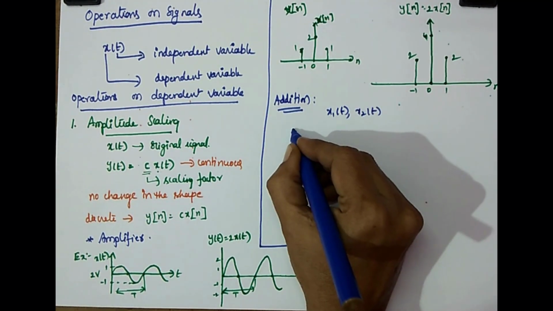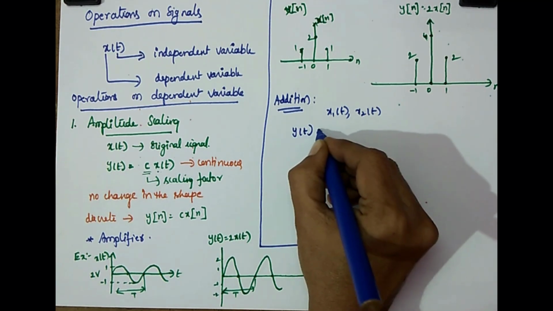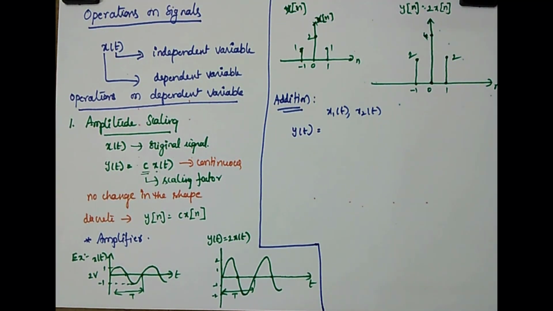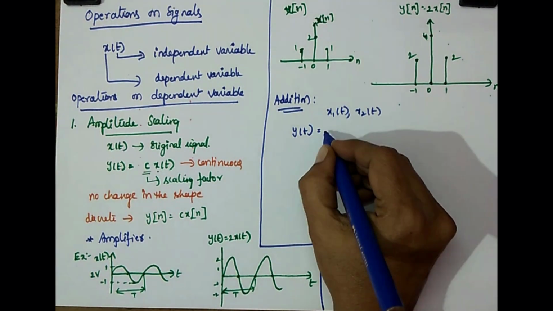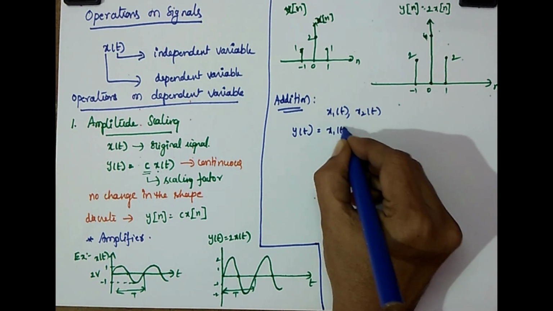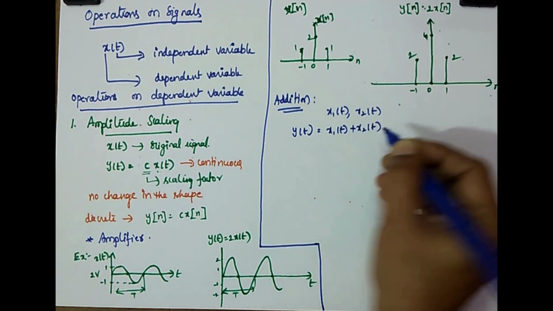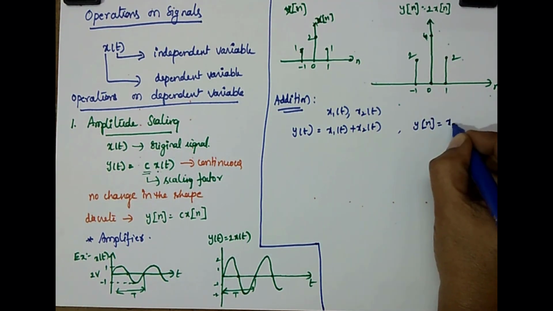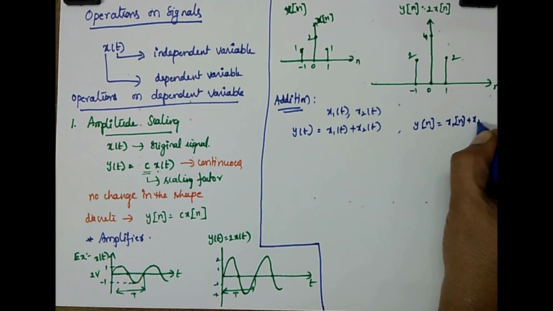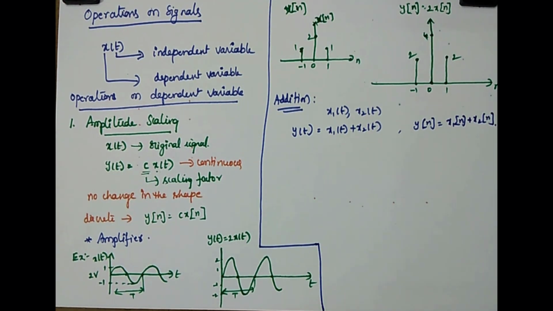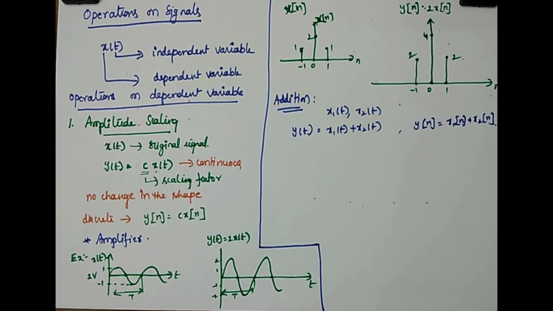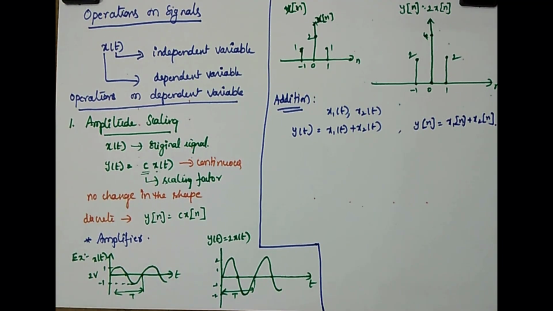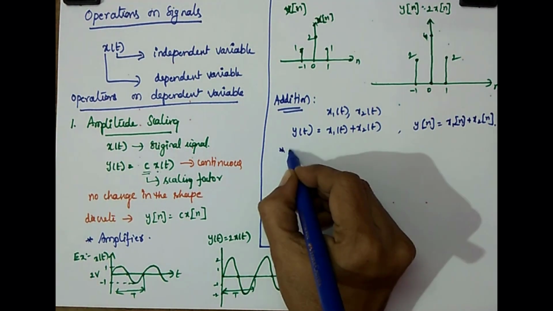Then the signal y of t obtained by the addition of x1 of t and x2 of t is given by y of t equal to x1 of t plus x2 of t in the continuous domain, or in the discrete domain y of n equal to x1 of n plus x2 of n. Okay, the device that can perform the addition is called a mixer. Mixer can do addition.